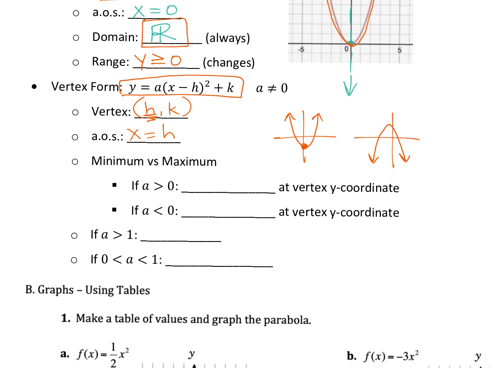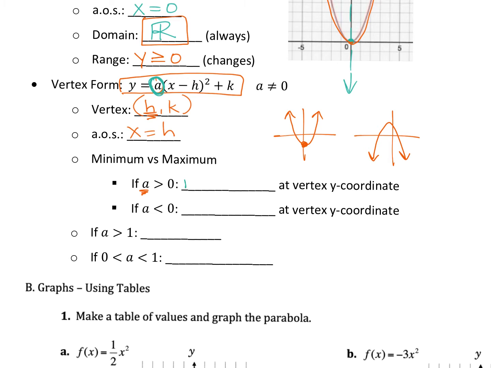When you have an a value, remember your a is out here, okay? When that a value out in front is a positive number, something greater than 0, that will give you a minimum because your graph is going to open up, okay? So this is a minimum. If your graph opens up, you have a minimum. That means your a value is a positive number.